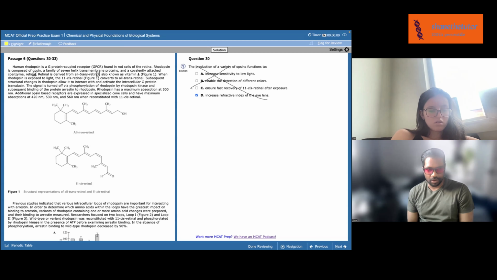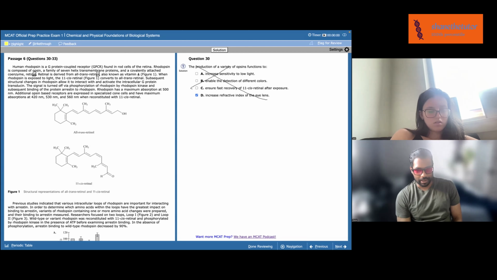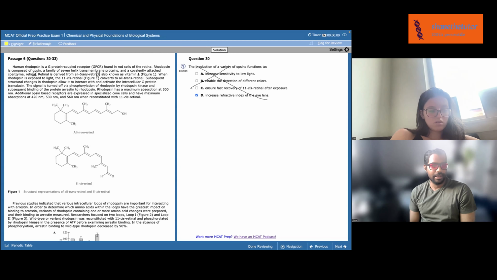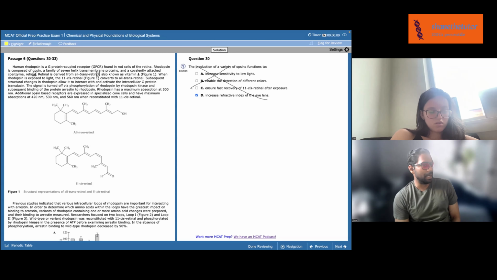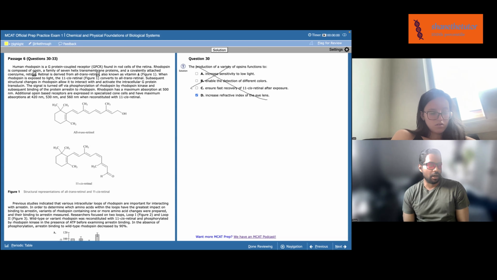And kinases are those transferases that use STY to transfer phosphate groups, right? Right. So yeah, it can be turned off via the phosphorylation of rhodopsin and subsequent binding of the protein arrestin to rhodopsin. Rhodopsin has a maximum absorption at 500 nanometers.